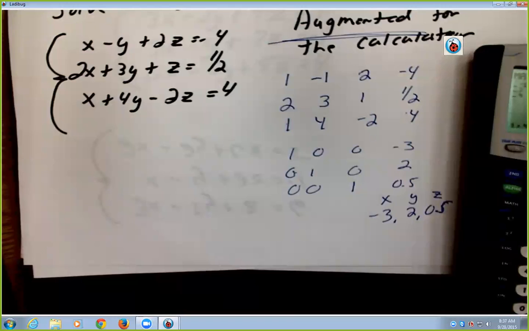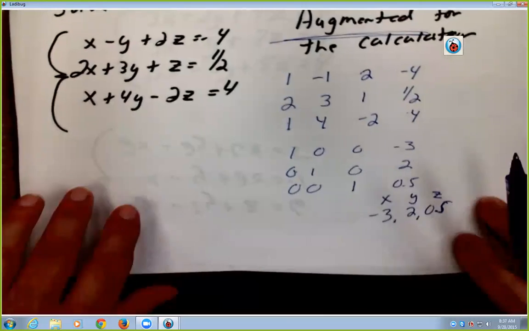Oh, yeah, 0.2. Should have been 0.5. Yep, that's what did it. Okay, we good with that one, you think? Again, double, triple check those and make sure you put them in right.